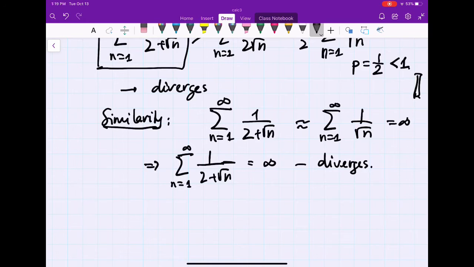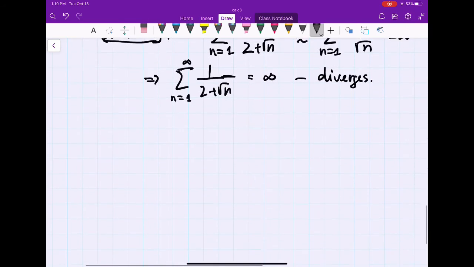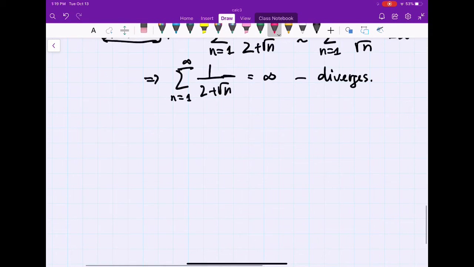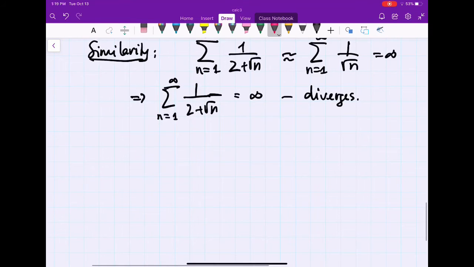Now let's consider another test, the limit comparison test. You can see that actually that is some kind of similarity. Limit comparison test.